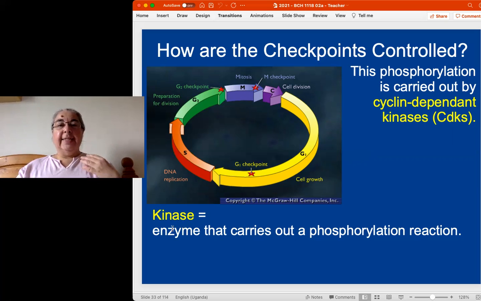So the kinase is a class of enzymes that carry out phosphorylation reactions. Okay, so involved in the cell cycle, there is a particular subset of kinase enzymes called cyclin-dependent kinases, or CDKs. And they are the enzymes that carry out phosphorylation of enzymes which allow the cell to pass the checkpoints.